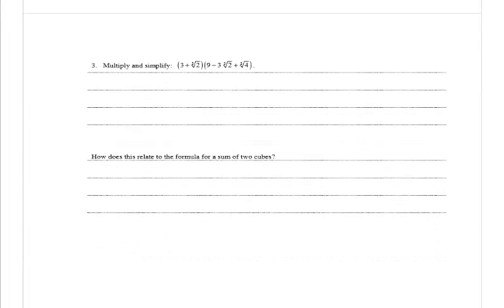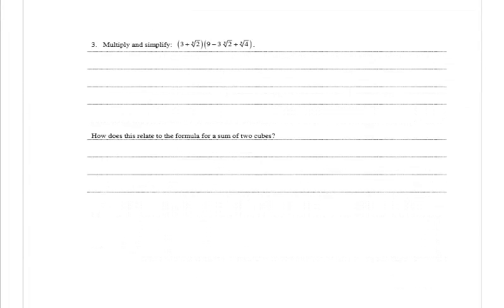And number 3, we want to multiply and simplify 3 plus the cube root of 2 times 9 minus 3 times the cube root of 2 plus the cube root of 4. So we're going to FOIL this out, and we have 3 times 9 is 27. 3 times negative 3 cube root of 2 is negative 9 cube root of 2.